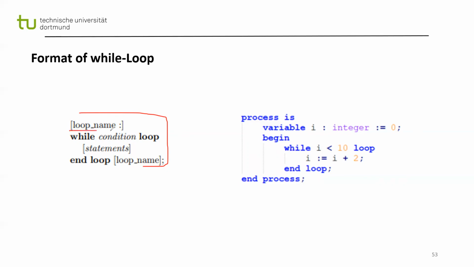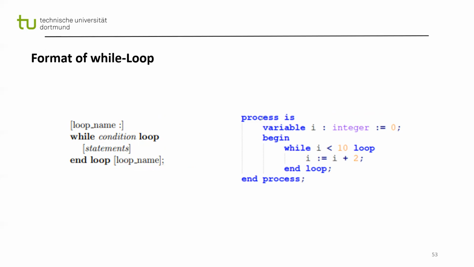We also have a loop name, which shouldn't always be available or written. We have while and a condition. If this condition is met or stays met, we implement these statements, and we finally end the loop followed by the loop name. Once again, the loop name shouldn't always be written.